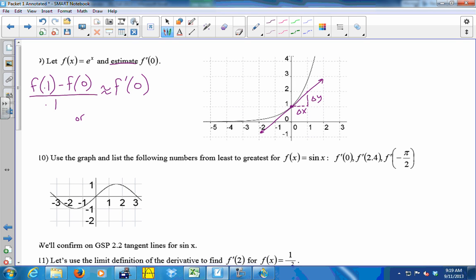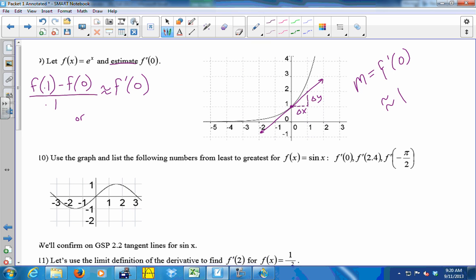What does it look like the slope of that line is? 1. We would say m approximates f prime of 0, the slope of the tangent line. Well, it is the slope of the tangent line, but we're having to estimate what that slope is. Okay, and we approximate that at 1 based on our picture.